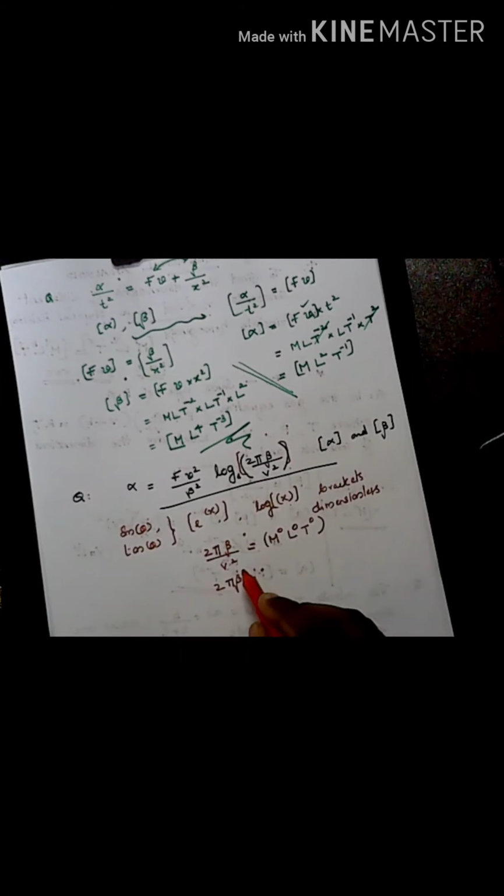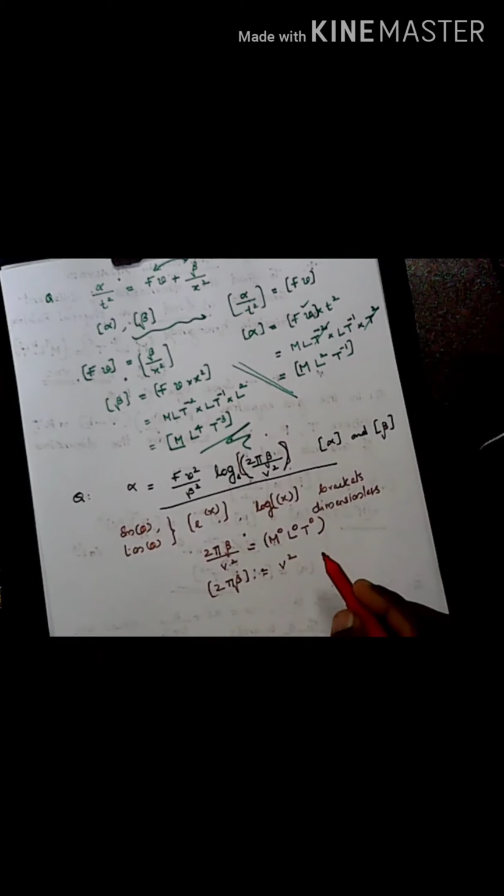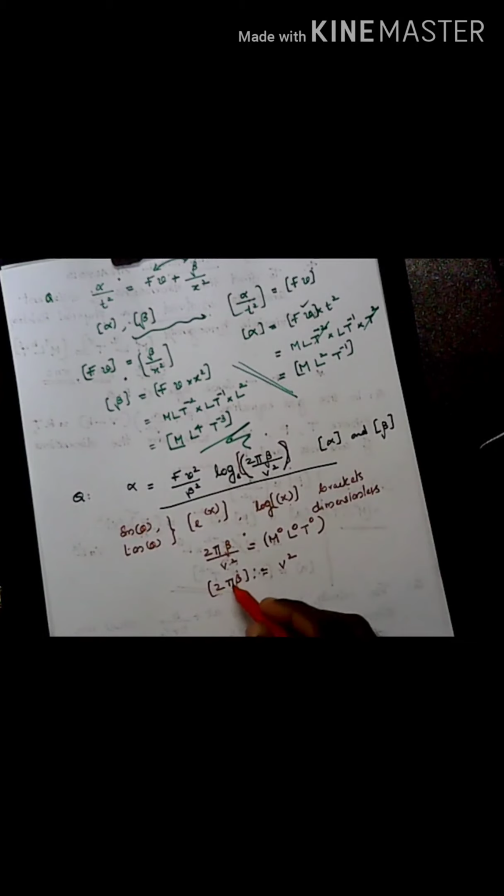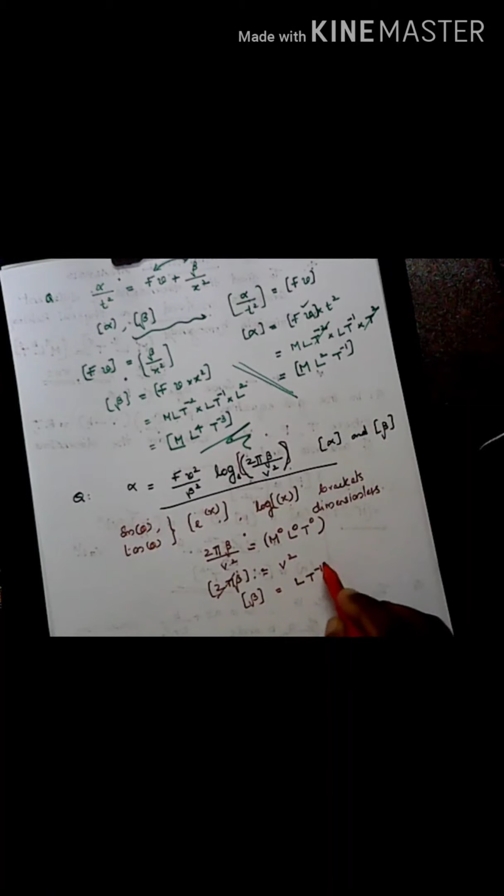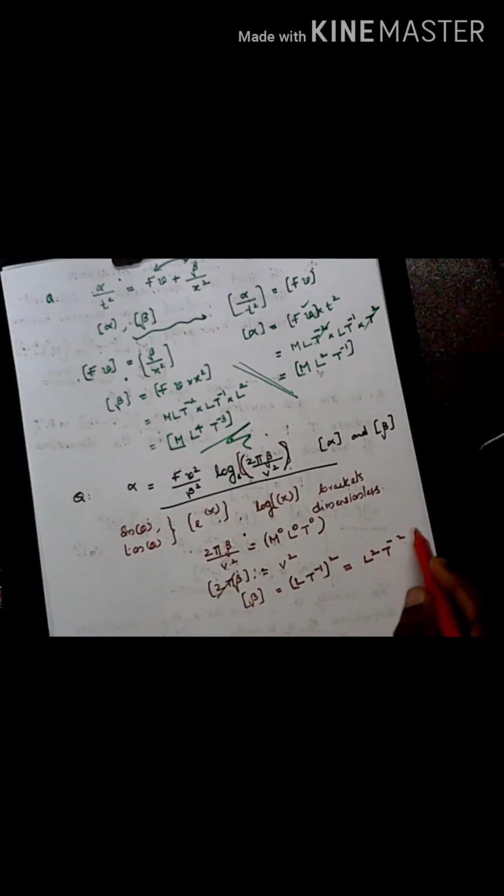So 2 pi beta got the dimension of v square. So there is no dimension for the constants, and hence beta got the same dimension of v square, l t raised to minus 1 square. So beta got the value l square t raised to minus 2.